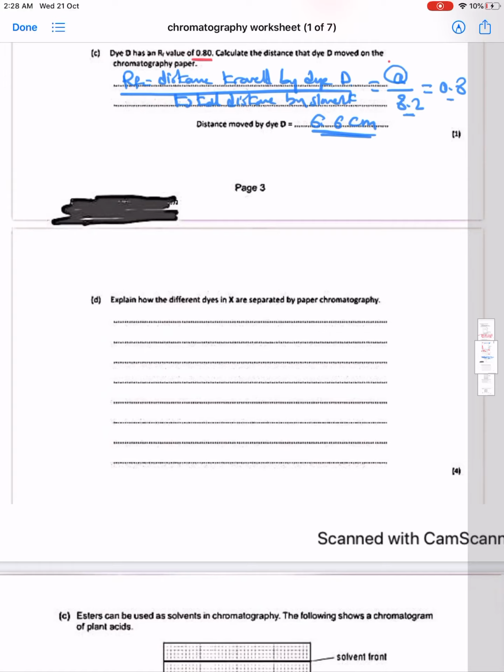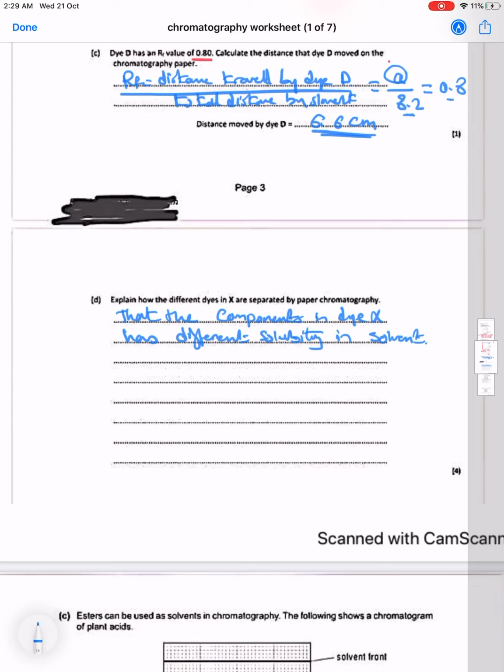The idea really here is that the different components in dye X have different solubility in water, and I'm saying water because the solvent that was used here was water, so they have different solubility in the solvent, which is the water here.